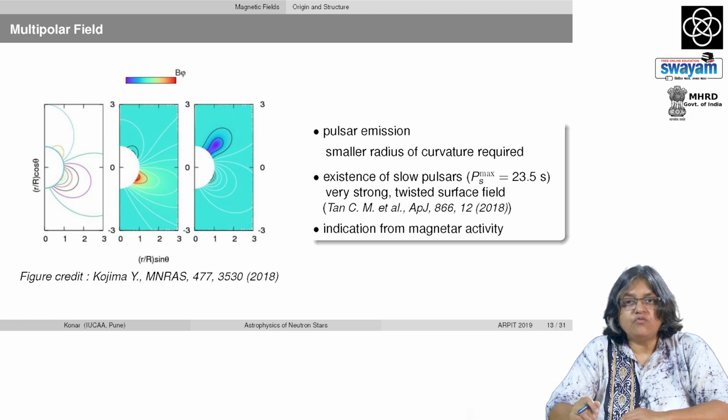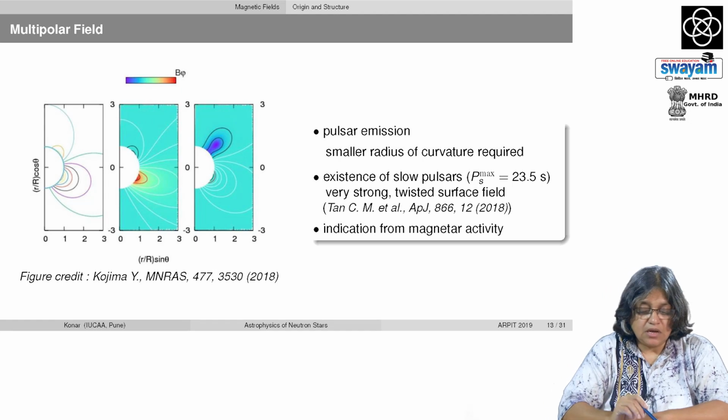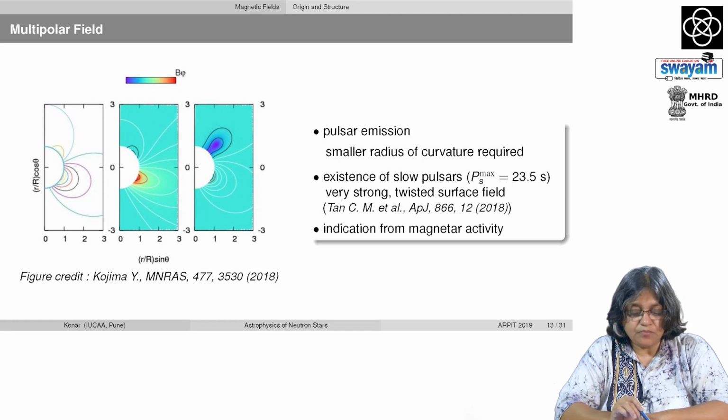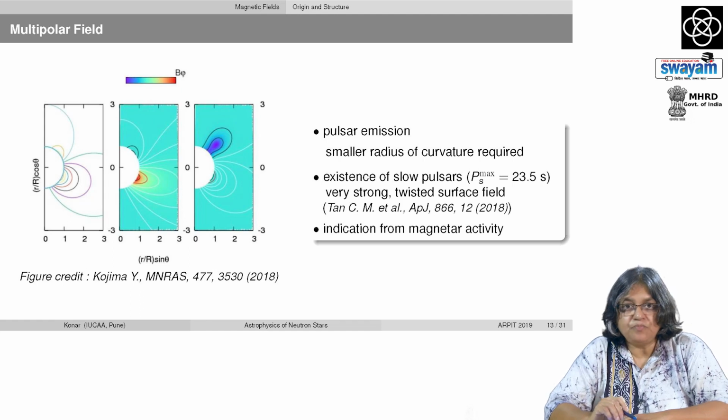Now, for such slow pulsars to remain active as radio pulsars, very strong, very twisted fields and very strong higher multipolar components near the surface are required. Now, this is a schematic diagram showing higher multipolar components present along with the large scale dipolar field.